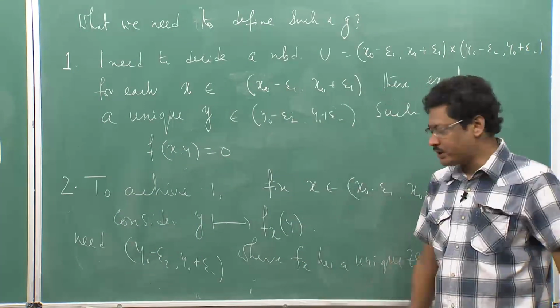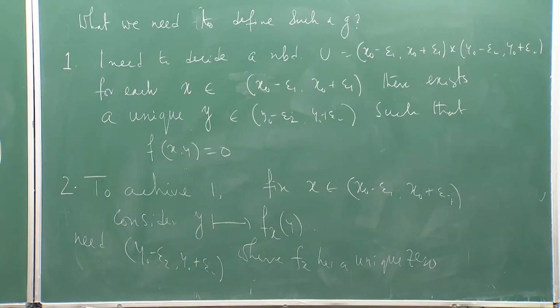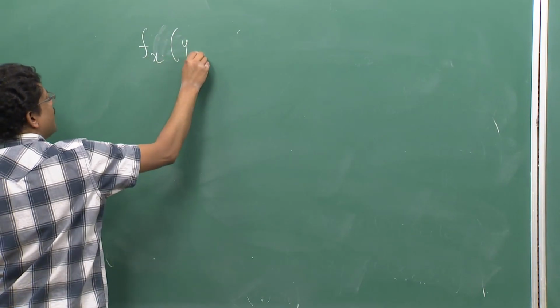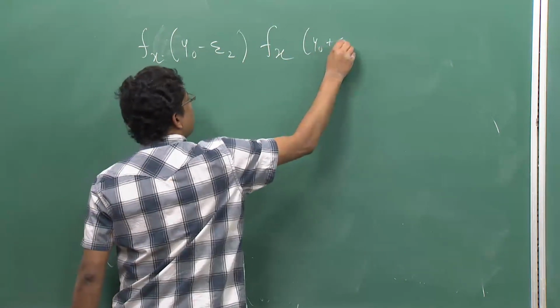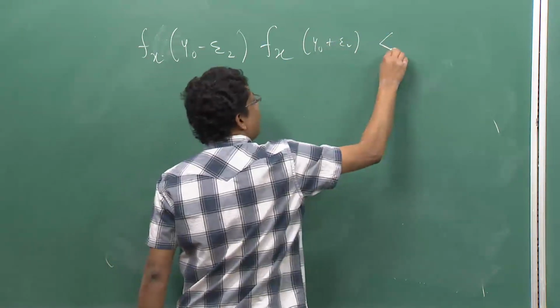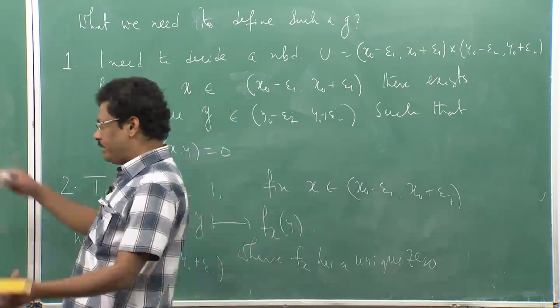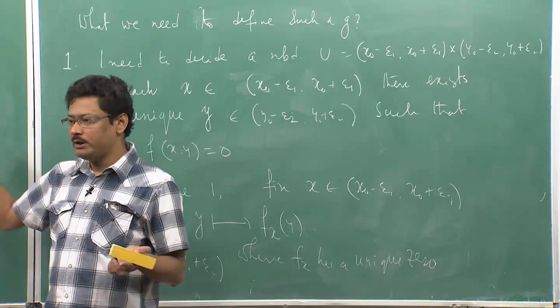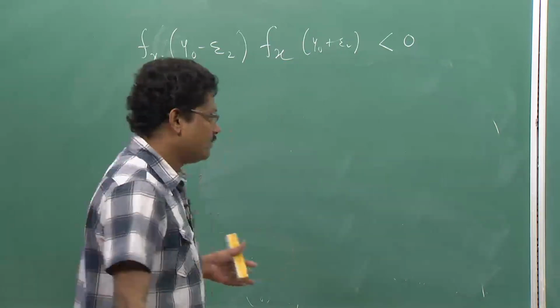Now, how do you get a unique 0? First of all, I need a 0, that is, a continuous function having a 0. Suppose f x at y naught minus epsilon 2 and f x at y naught plus epsilon 2 have different signs, one positive, one negative. Then by continuity there will be a 0. But I need a unique 0.